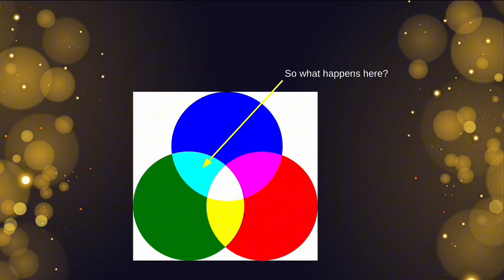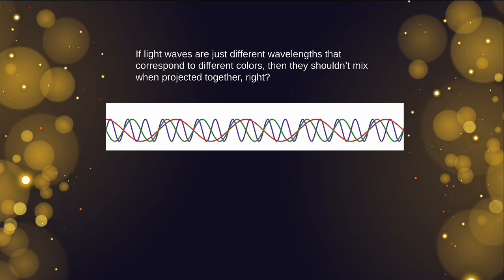For instance, consider this image. The parts where the colors meet create new colors. But isn't this weird? After all, if colors are just light waves that have different wavelengths, they should just coexist without reacting to each other. Recall from the fiber optics video I made that multimode fibers are the perfect example of this. We can pass light of different wavelengths and frequencies through the fiber and they won't interfere with each other.